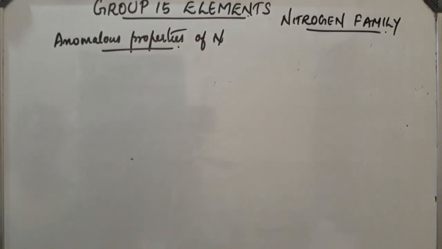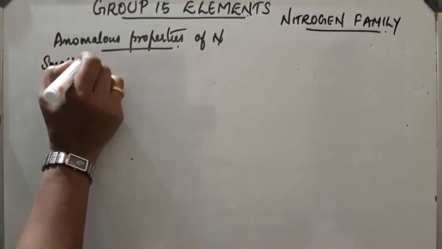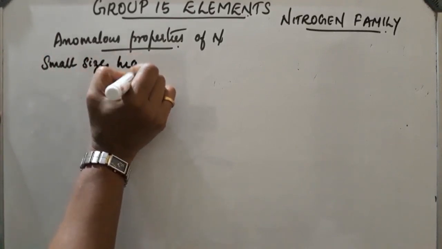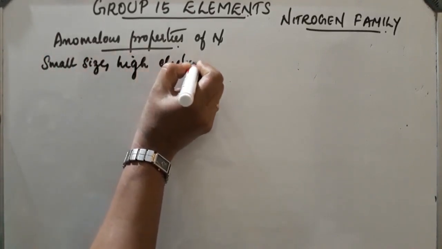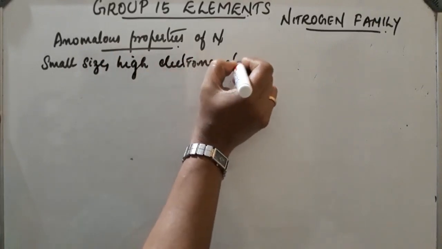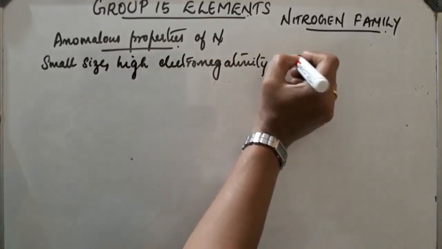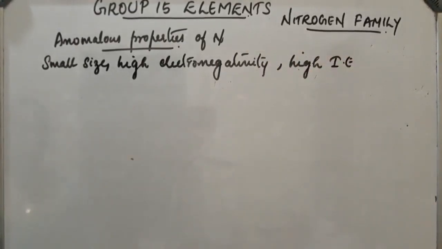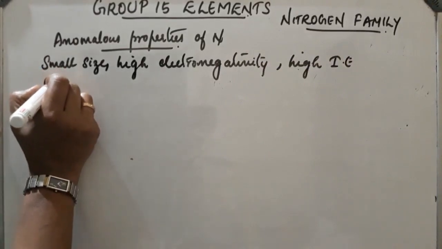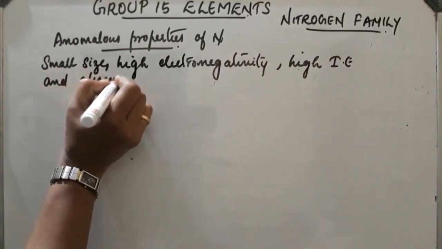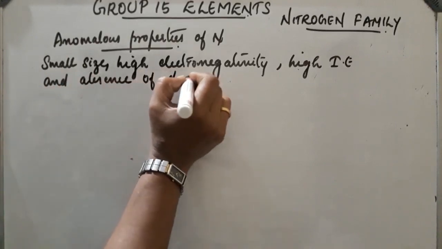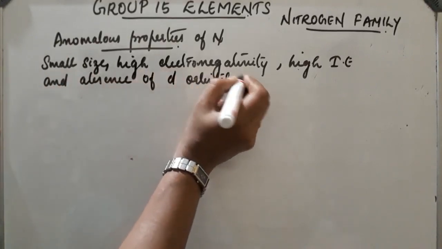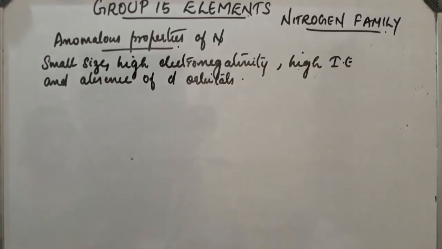The anomalous properties of nitrogen are mainly due to its small size, high electronegativity, high ionization enthalpy, and absence of d orbitals. So, due to these reasons, nitrogen differs much from the other members in the nitrogen family.